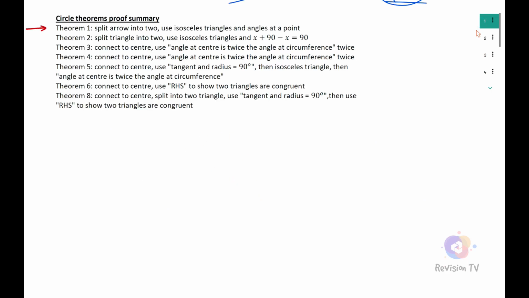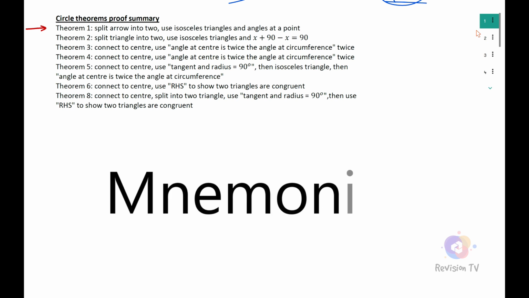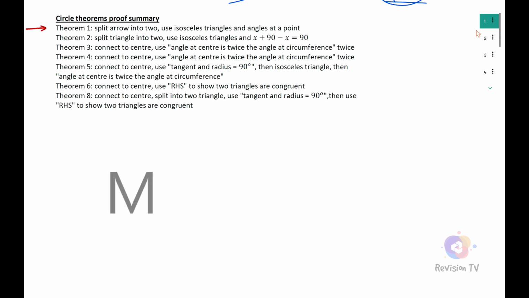Now you can also use mnemonics. If you don't know what mnemonics means, a mnemonic is a memory strategy to help you remember a couple of items. Mnemonics uses the initial letter of some keywords to string a word. Whether the word makes sense or not, it doesn't make a difference.